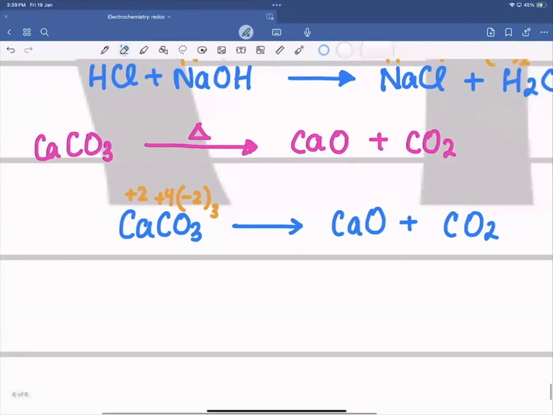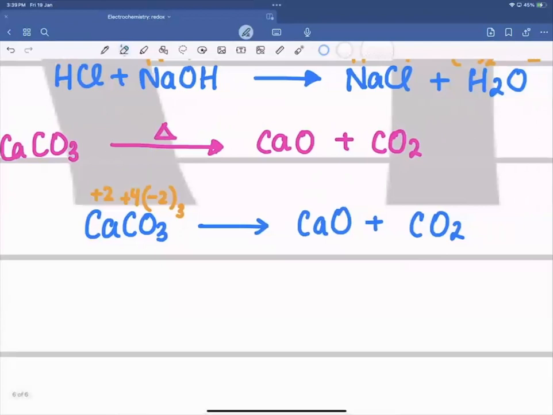Yes, Hamza, are you done? Yes, sir. Okay. Yes, Ahmad, are you done? Yes, sir. So what did you identify, which element is undergoing oxidation or reduction? So carbon is losing, sorry, losing its oxidation number.